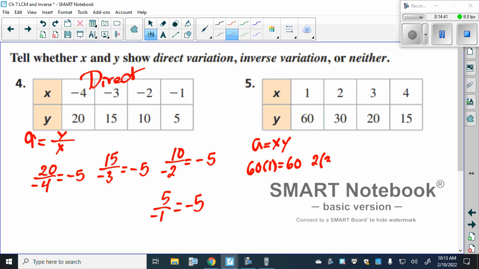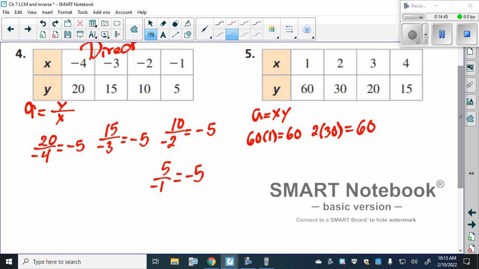Then 2 times 30, 3 times 20 is, and 4 times 15 is 60. So this here is an inverse. Any questions on these here? All right.